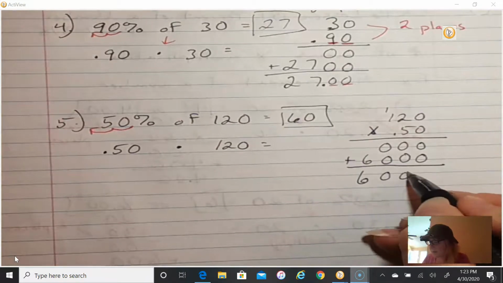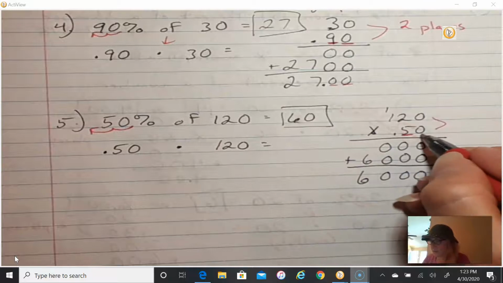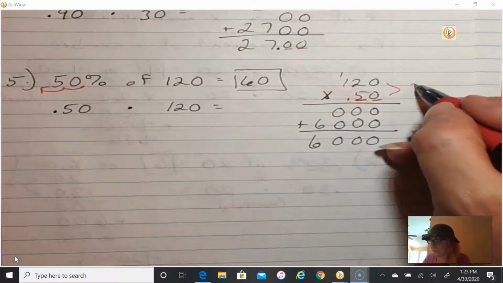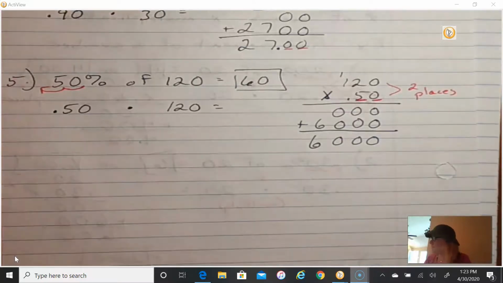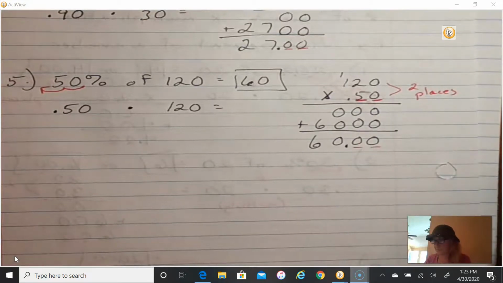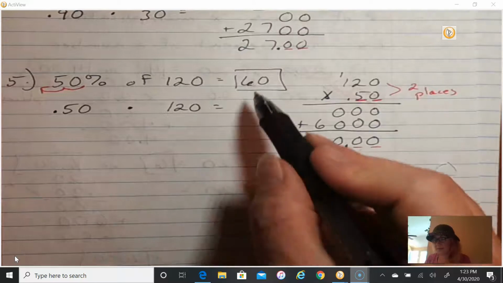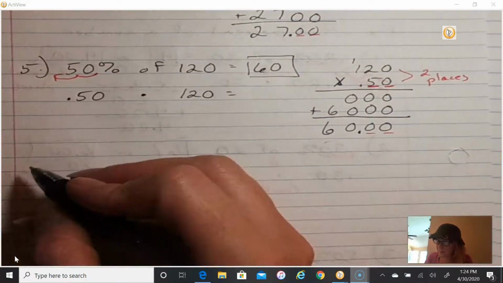Add. There are 2 places after the decimal in the entire problem. Therefore, there's going to be 2 places after the decimal in your answer. 60. See, 50% of 120 is 60.